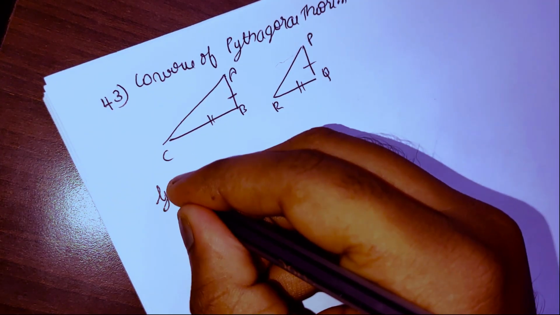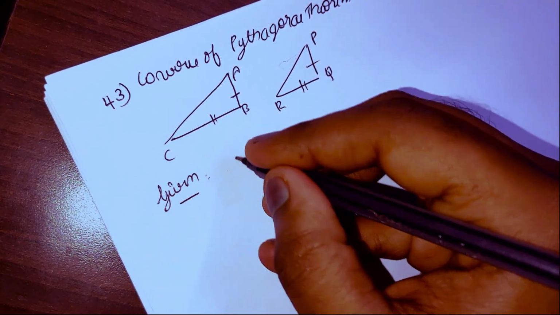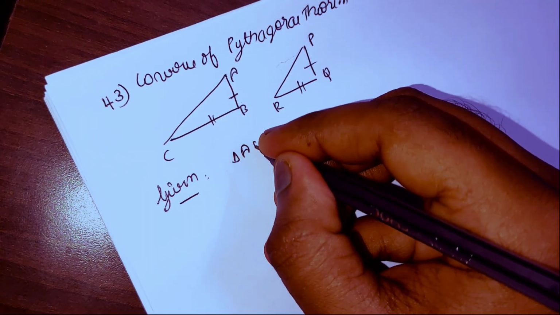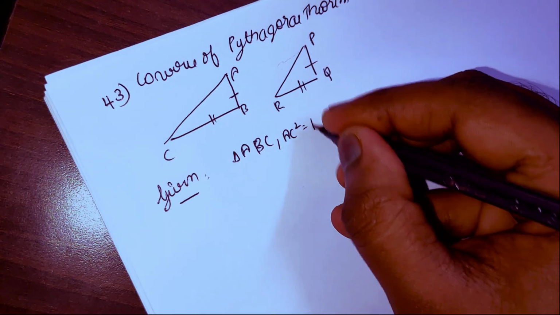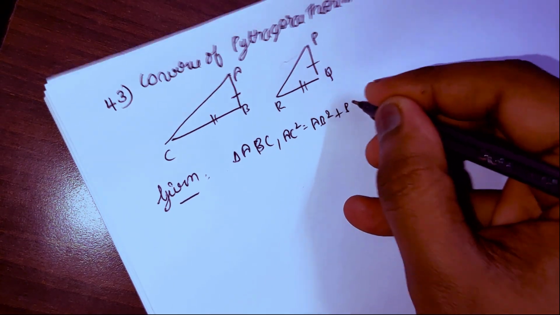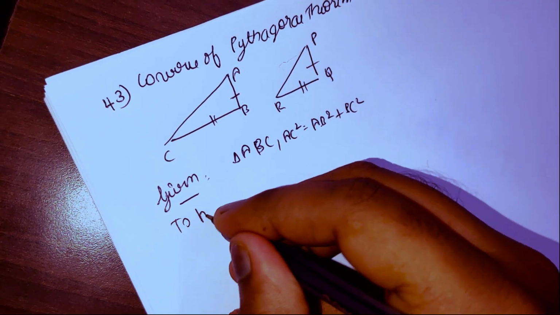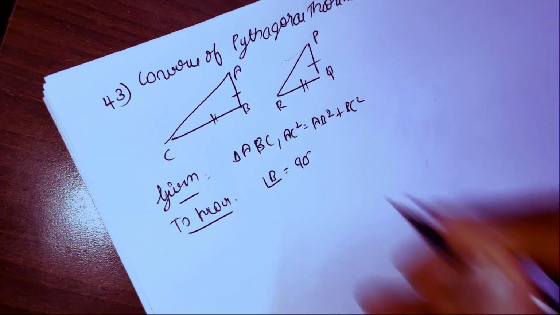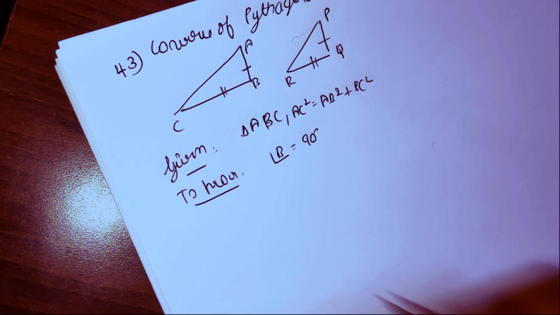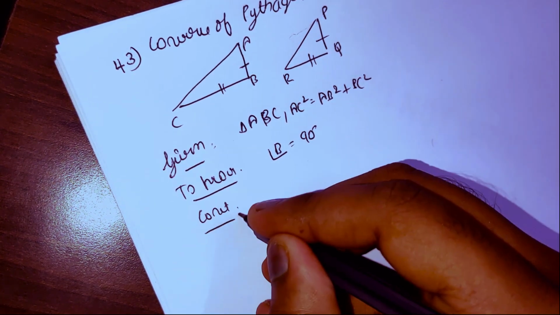So we'll write given: triangle ABC, AC square is equal to AB square plus BC square. To prove: angle B is 90 degree. We'll write the construction.